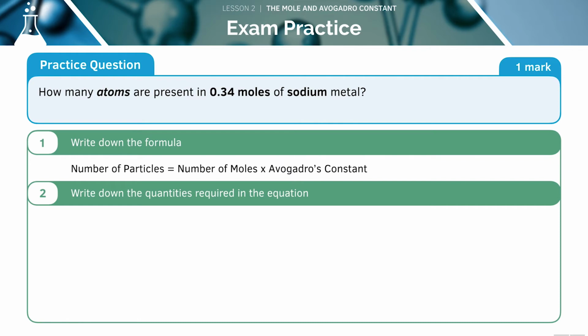Now, we need to write down the quantities required in the equation. So the particle that we'd be dealing with is a sodium atom. We know that the number of moles is 0.34.